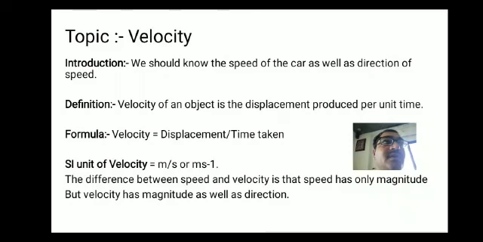If a car travels 85 km per hour in north direction from Surat station, its magnitude, its value, is 85 km per hour and it is moving north, so it is moving towards the Delhi side. So velocity gives us this information. Speed does not tell in which direction the object is moving.